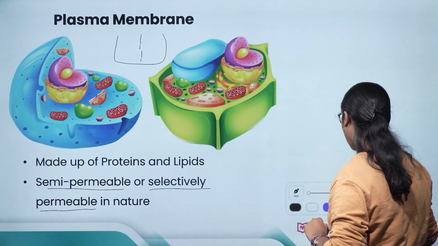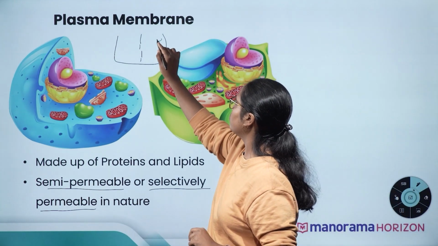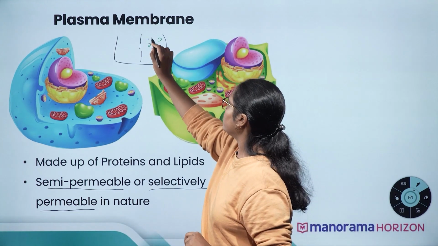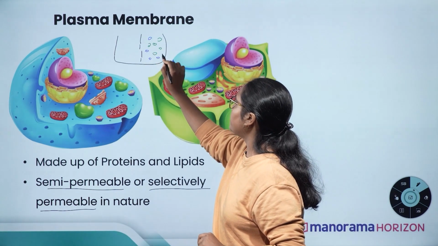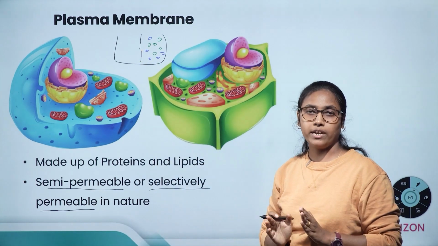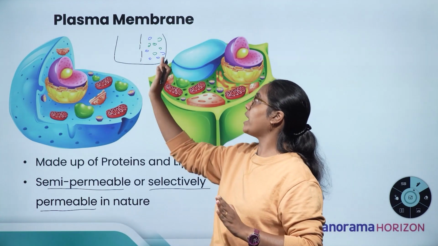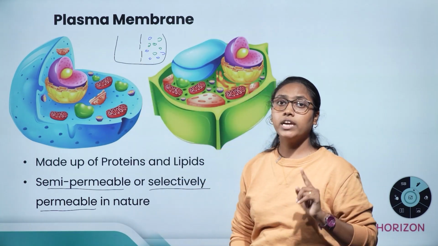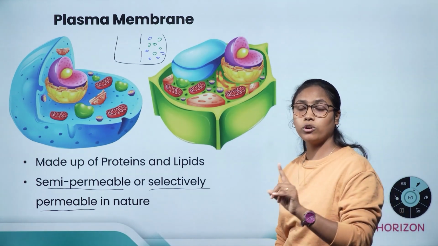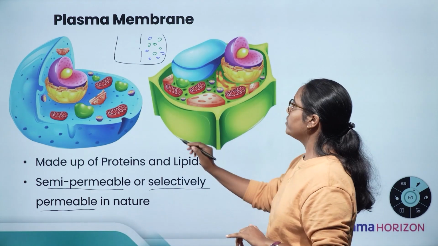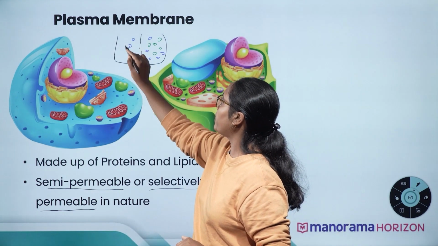Now, I have some green molecules and some blue molecules. Just imagine this membrane is the cell membrane. If the cell requires only blue molecules to be passed to the other side, it will allow only blue molecules to pass, not the green molecules.